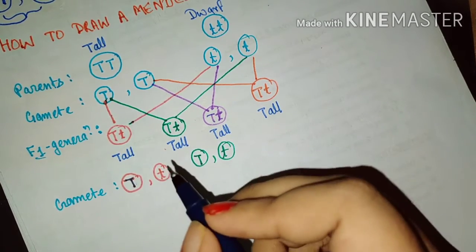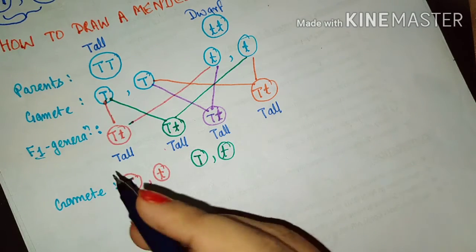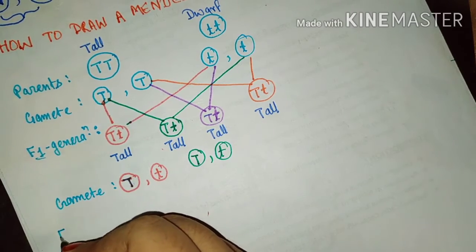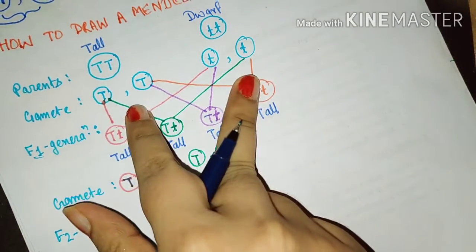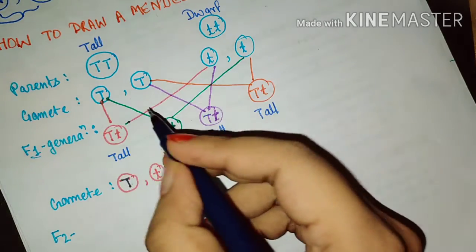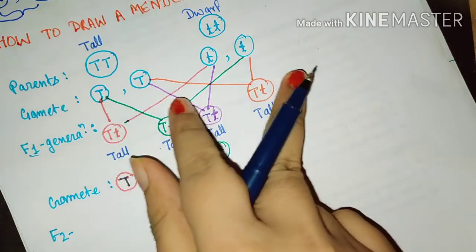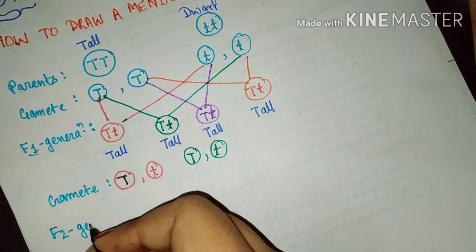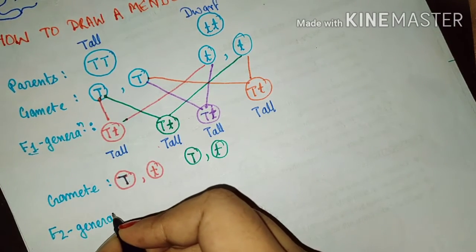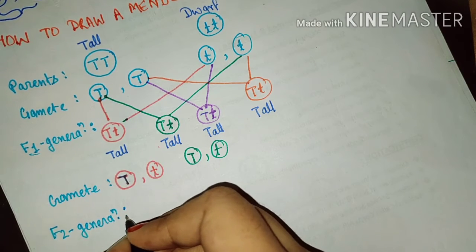Now for drawing the F2 cross, things are not that simple. Although you can draw it this way, it looks a bit messier. So this is okay, you can draw this way also, but there is another way to draw complex crosses.